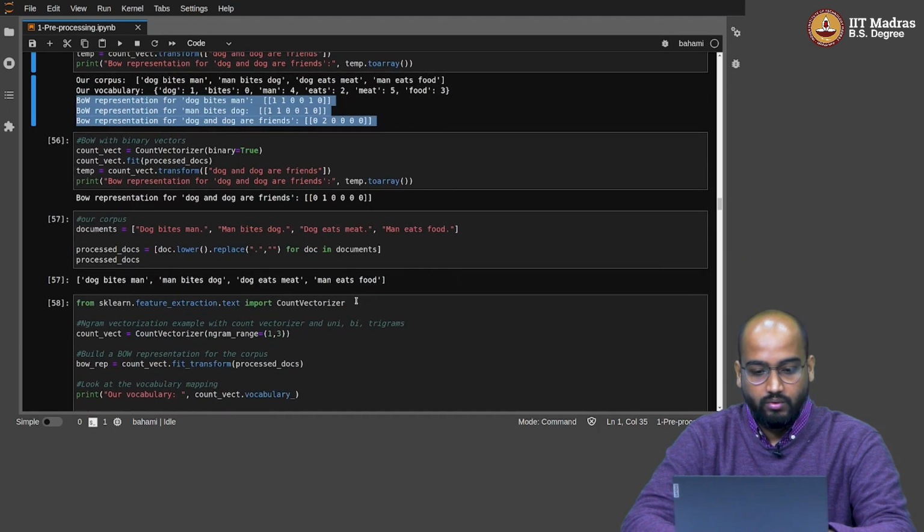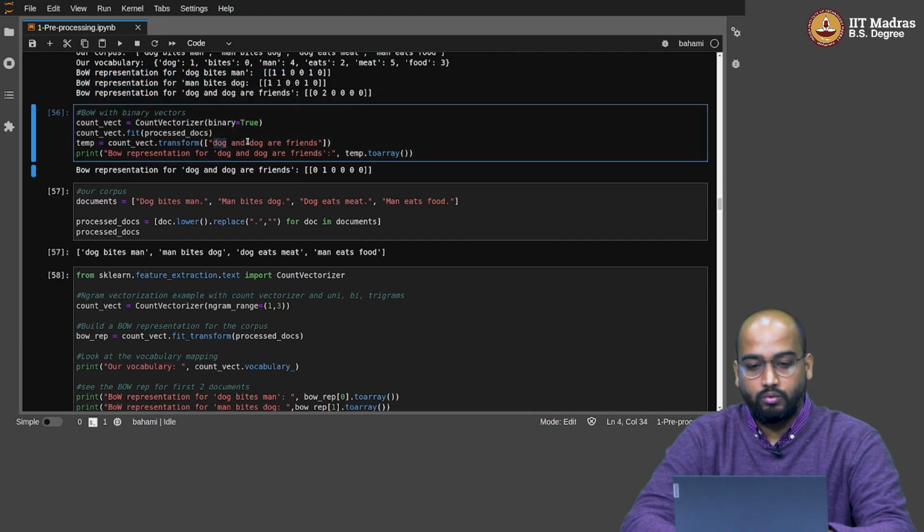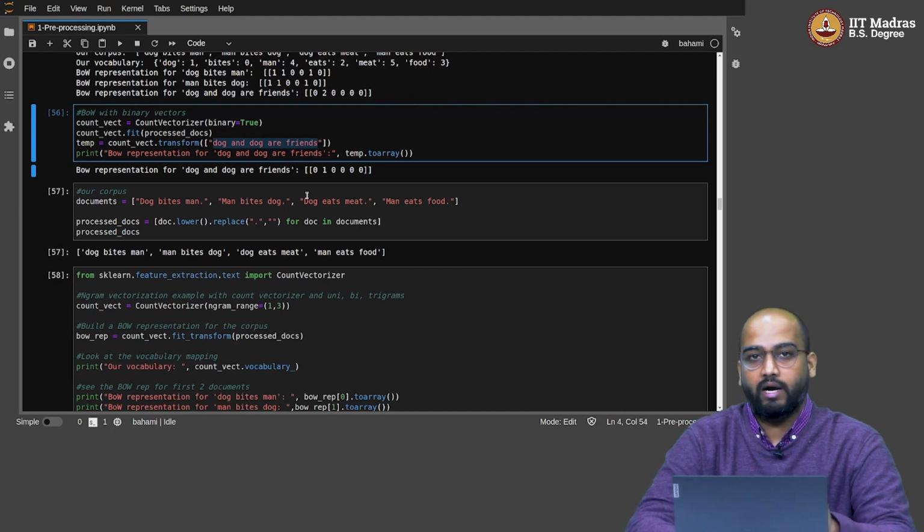There are two things you can do here. Let's say the word dog has occurred two times in a sentence, right? A particular token has occurred 2 times in a sentence. You can either keep the count, or you can just keep a binary value, 1 or 0. The binary approach will say whether dog had occurred or not in that sentence.